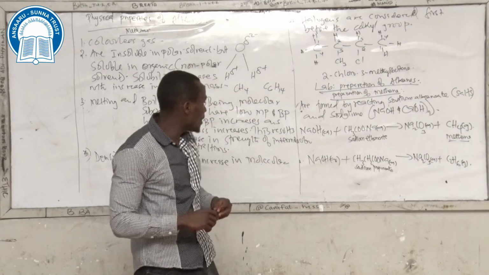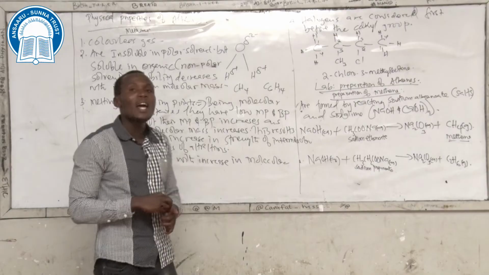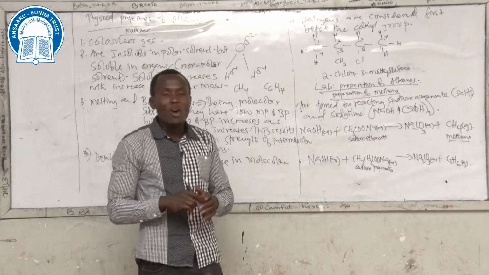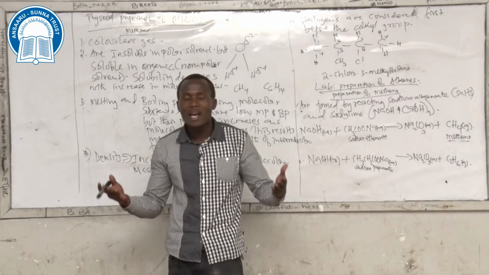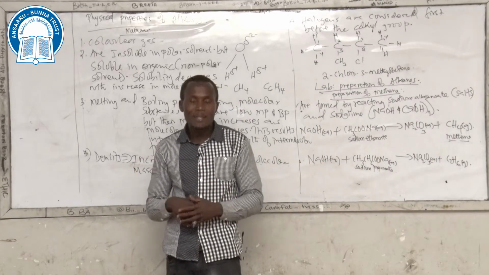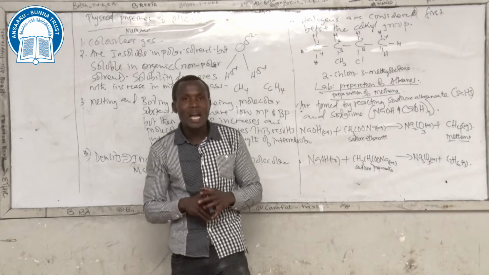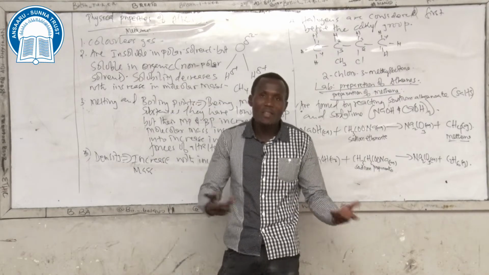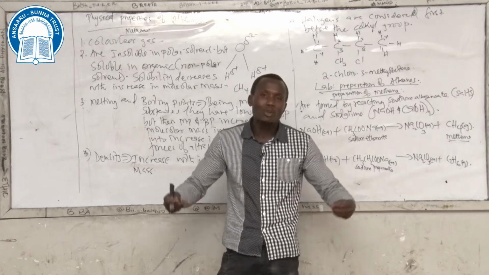Now the second part, after the physical properties, now we check on chemical properties. Chemical properties is how alkanes react with other substances. That's what we mean by the chemical properties. How does it react with other substances? How does it react with other chemicals or other elements?